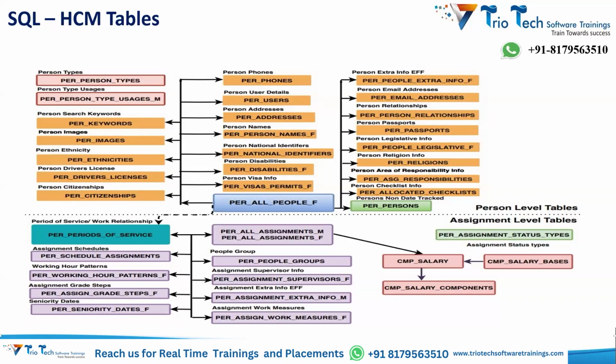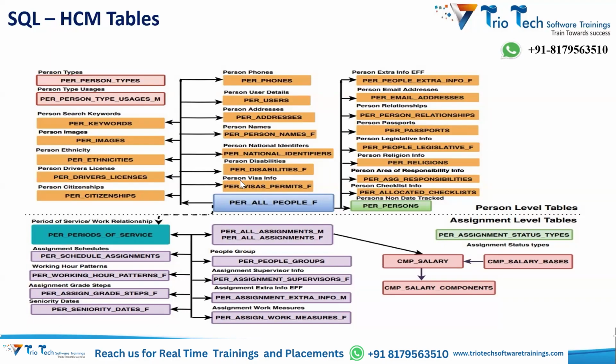In EBS, there is a main table, per all people, which includes all the details about the national identifier, name, email ID, and phone number of a person. But here it has been further drilled down into different separate tables: for name there is a separate table, phone number a separate table, address a separate table, while all these details about the person in EBS are captured in the same table only.